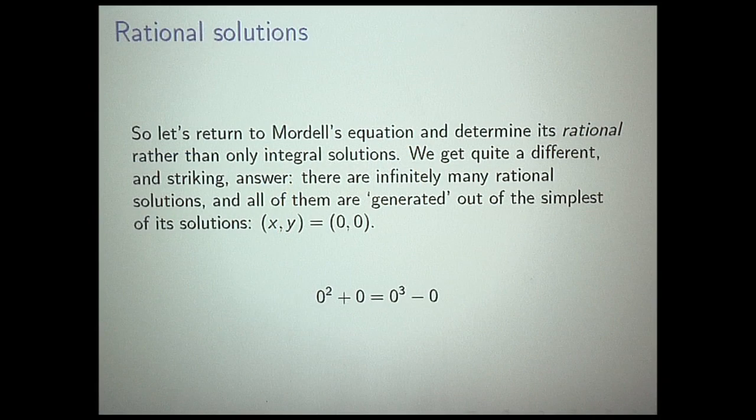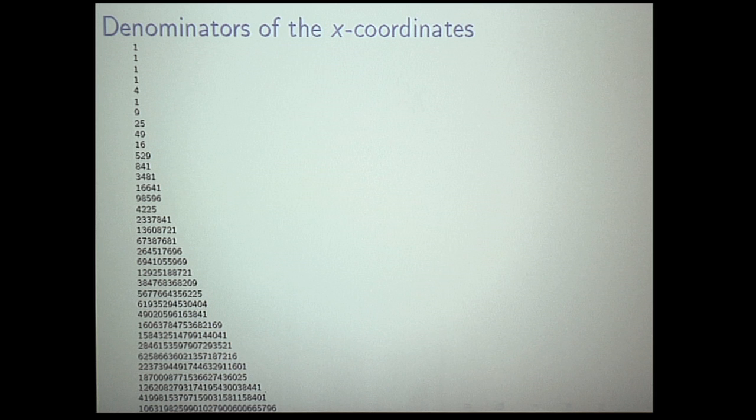So we go back to Mordell's equation, and ask for its rational solutions. Well, 0 squared plus 0, 0 cubed minus 0, that's a good one. So 0, 0 is a solution. And the group structure will allow us to generate solutions from that 0, 0 using the chord and tangent process.